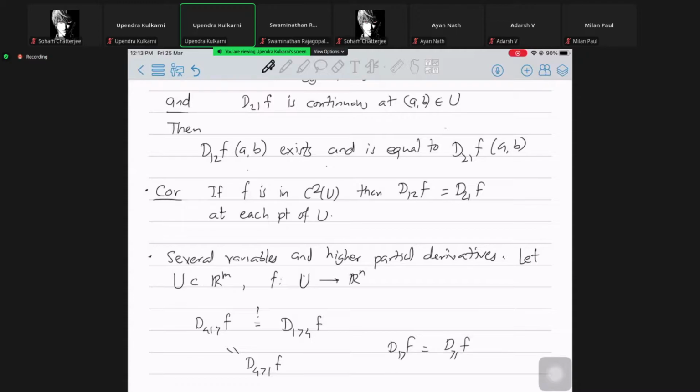And certainly if f has the third derivative, then in particular, this component partial derivative will exist, right? But now, suppose I want to also switch the 4 with 7. Then you see, I will need the continuity of the requisite partial derivative also here, the requisite double partial derivative. So what is the simplest way to achieve this?